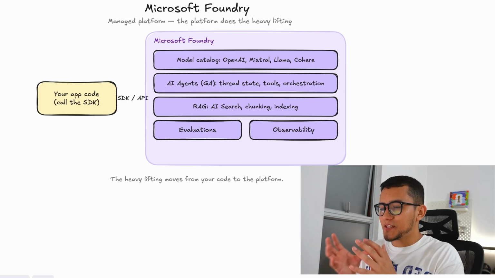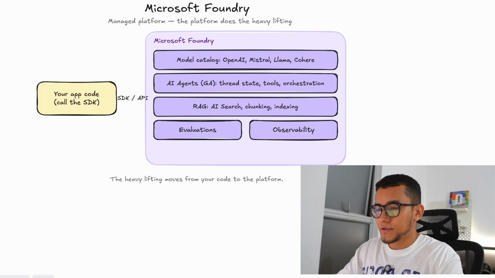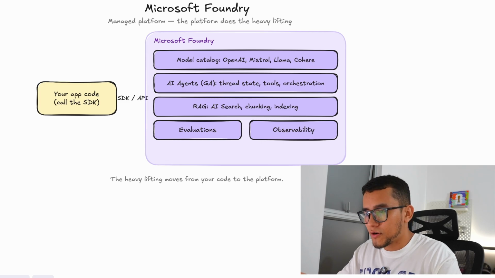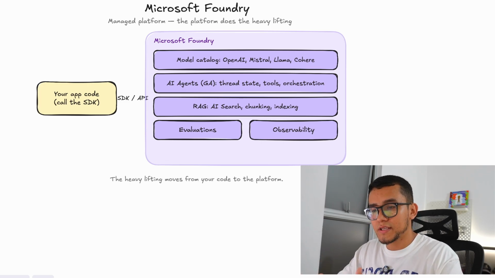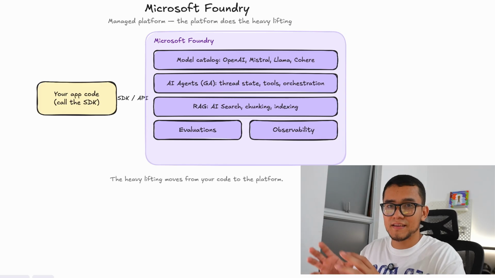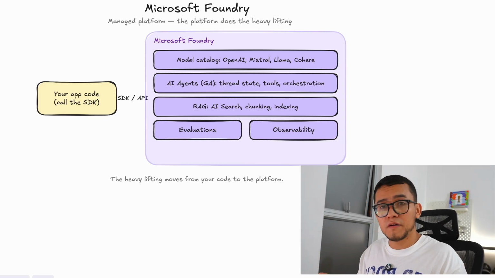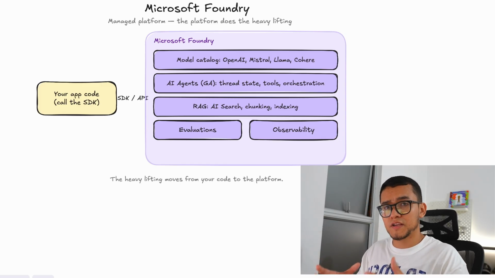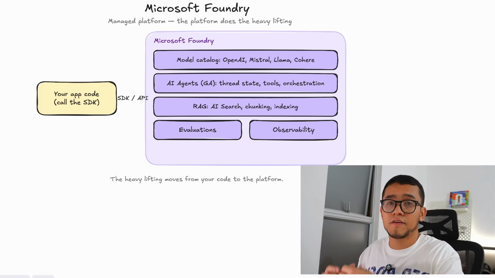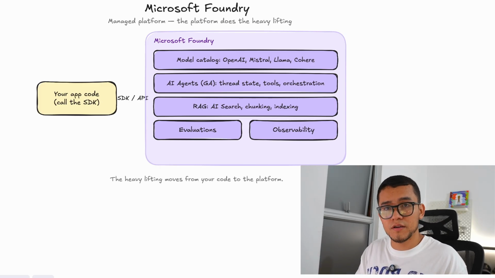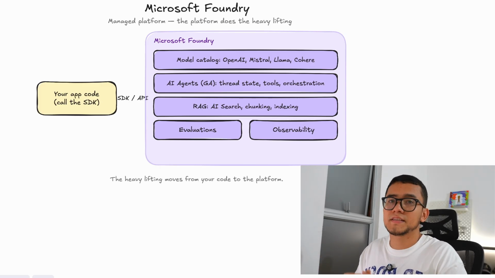Now, when do you need this platform? Three examples. If you need a managed multi-turn conversation state, you need tool execution or connected agents without building all by yourself, this is the right tool. Also, if you are building a RAG application that is managed by an engineer team and needs evaluation, safety, versioning, or observability, this is the right tool.